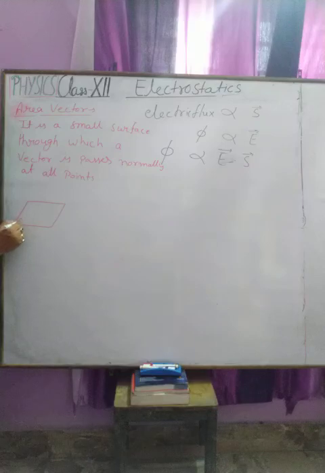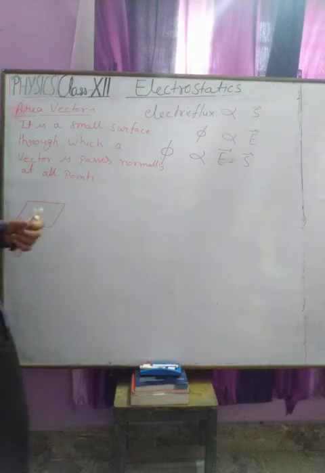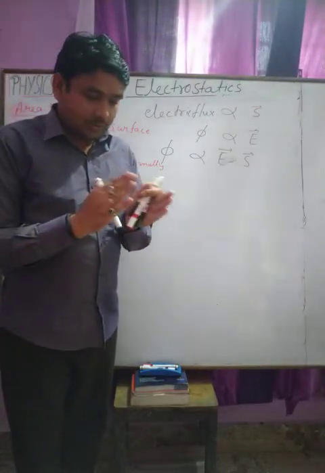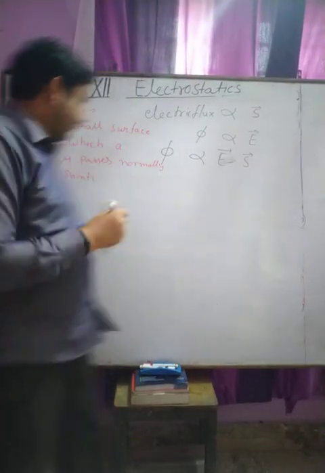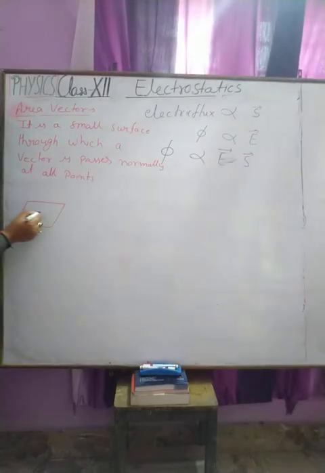Suppose this is a surface S, and this surface can be formed by small surfaces. So we are taking here a small surface.